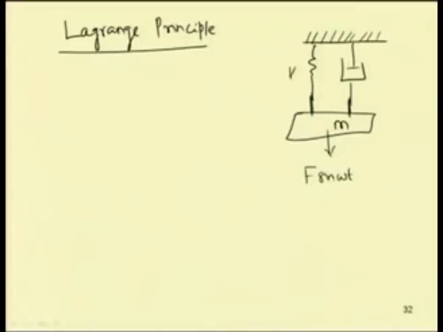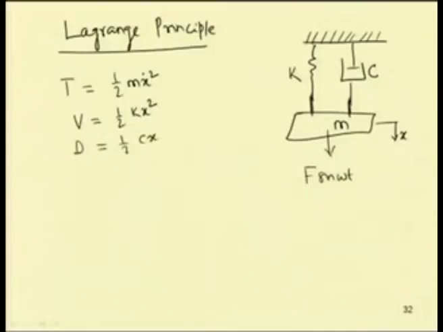It has a stiffness of K, damping C. Already we have written the expression for kinetic energy, that is equal to half m x dot square, potential energy V equal to half k x square, and also the damping or dissipation energy D equal to half c x dot square, and we have to find this expression for q k.